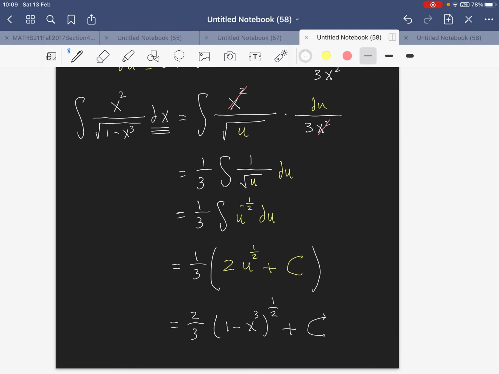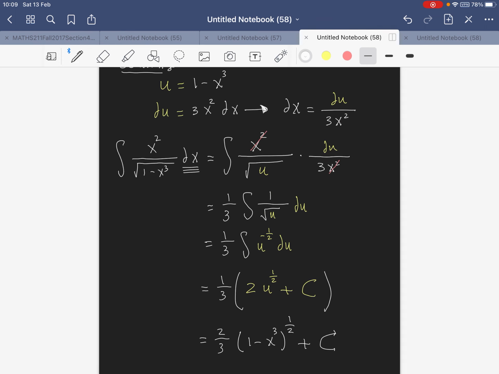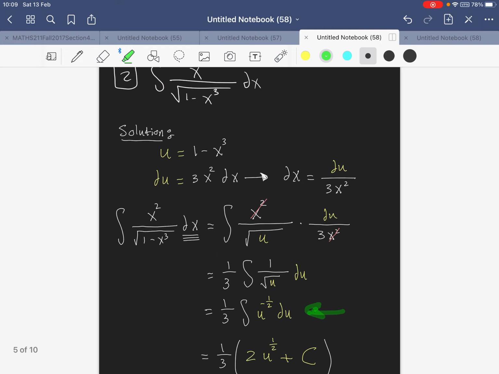So here we just follow the same major idea of having a good substitution, and then we follow the steps to translate this integral into an easy one. Look at this one. That's the elementary integral. That's how we know from calculus 1 how to proceed with it.